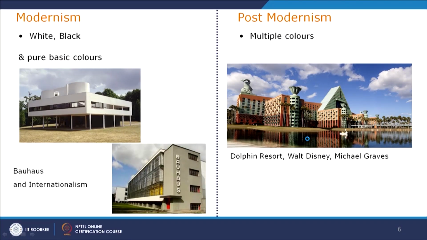Now in modernism, purity was also there in the form of color and texture, which is white, black and pure basic colors used mostly in the modern era. We have not seen colors like purple, pink and other kinds of sap greens. Mostly it was yellow and blue and white and gray and black, and the color and texture of the material.